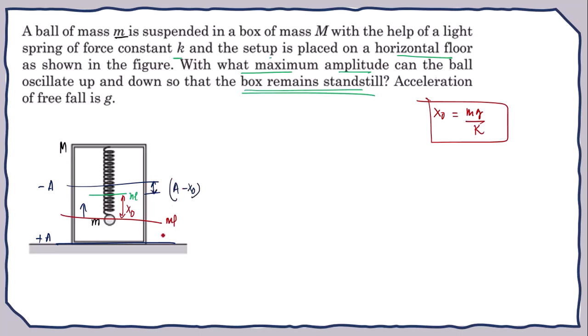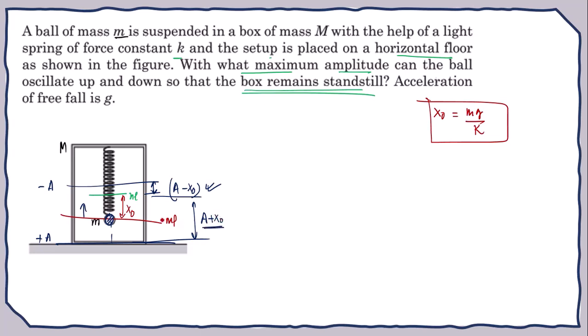Okay. So during the upward movement, the ball is compressing the spring by a distance of a plus x naught. And during the downward movement, the ball is compressing or elongating the spring by a distance of again this much distance, because elongation and shortening have to be calculated based on the mean position.